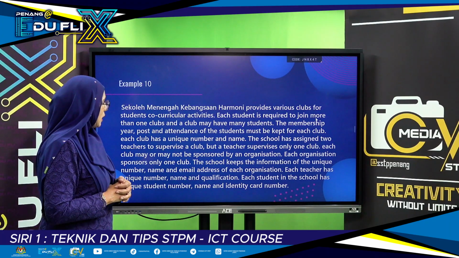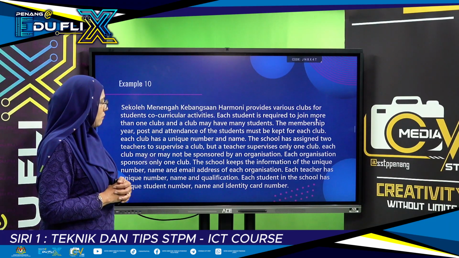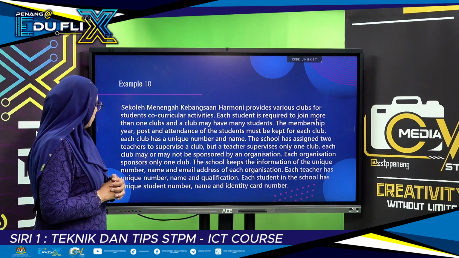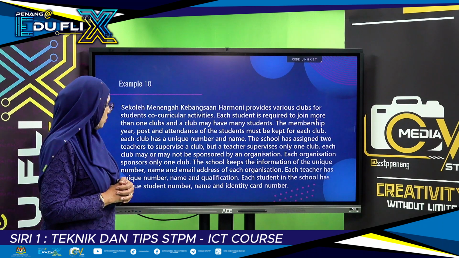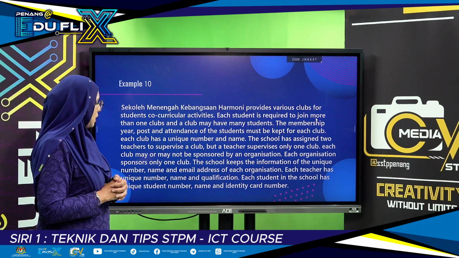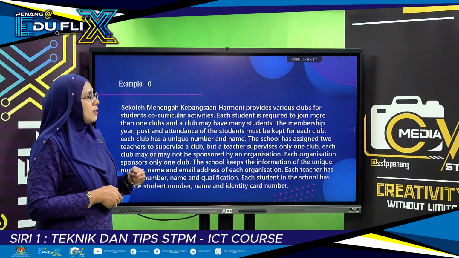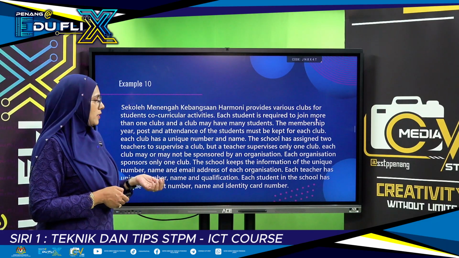The school keeps the information of the unique number, name, email address of each organization. Each teacher has unique number, name, qualification. Each student in the school has unique student number, name, and identification card. So this is the scenario given. Read carefully. Highlight the cardinality given.